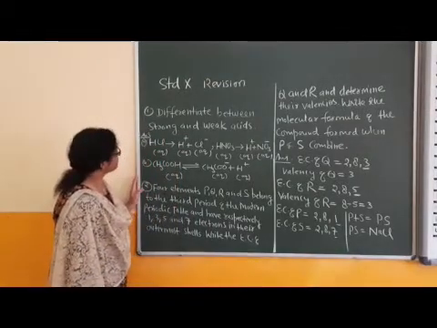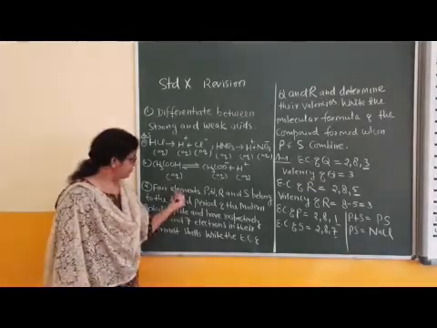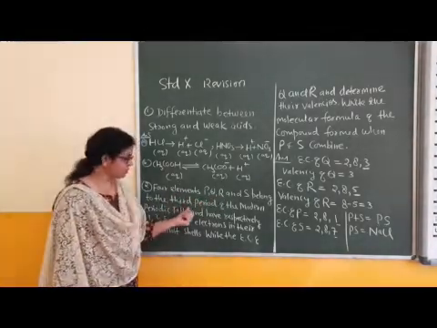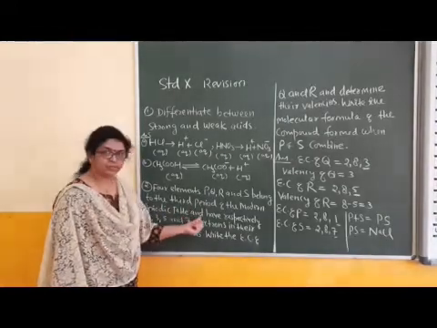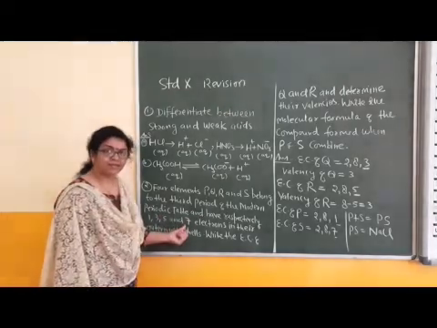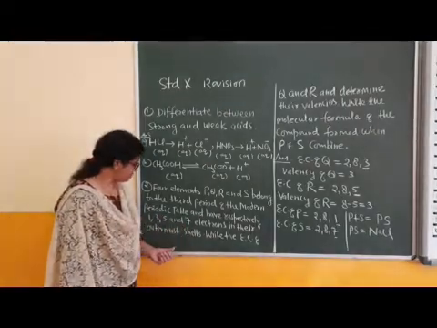Now, second question, from classification of elements, the periodic table. Four elements P, Q, R, and S belong to the third period of the modern periodic table, and they have 1, 3, 5, and 7 electrons in their outermost shell, the valence shell.